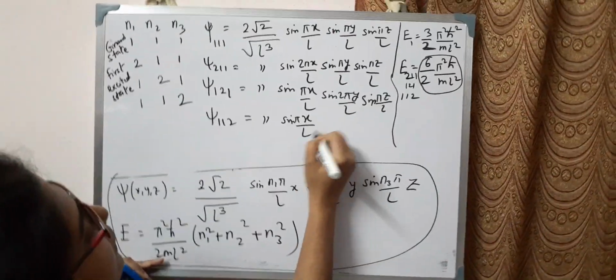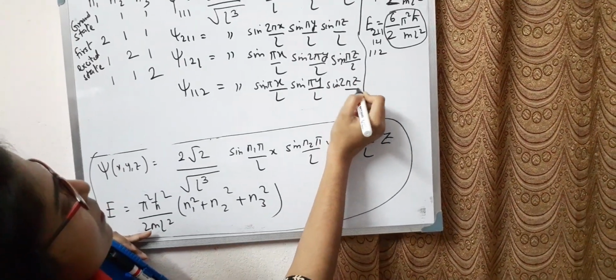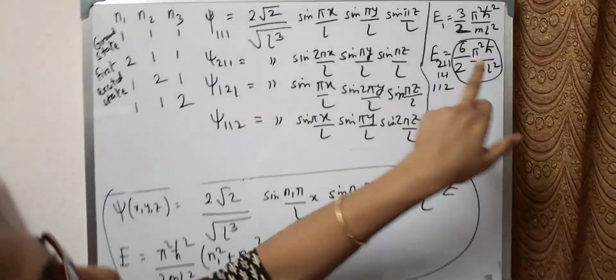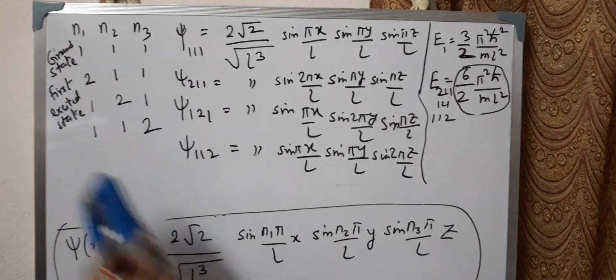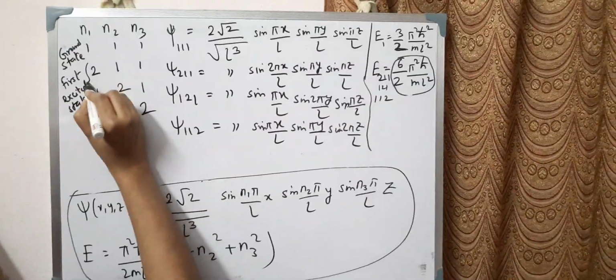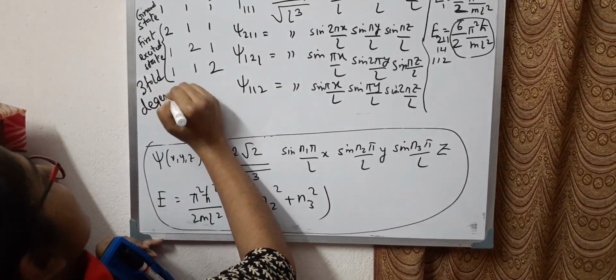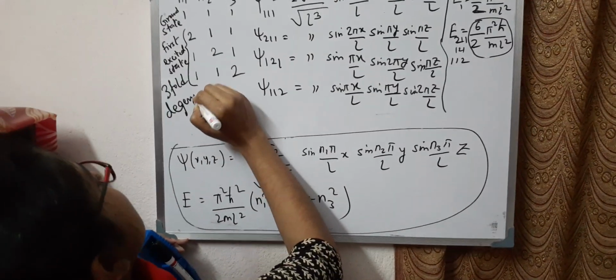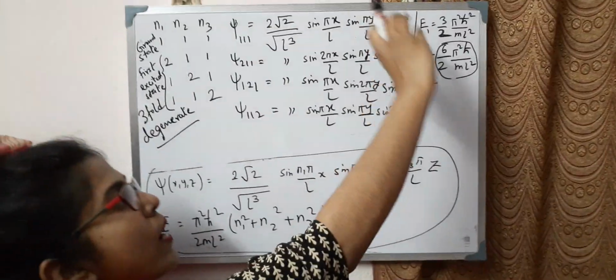It looks like sine pi x by L, sine pi y by L, and sine 2 pi z by L. So for a specific energy value, I am getting 3 different eigenfunctions for 3 different combinations of the quantum numbers N1, N2 and N3. So I will say that this first excited state is a threefold degenerate state. There is degeneracy in this state because for one particular eigenvalue I am getting 3 different wave functions.